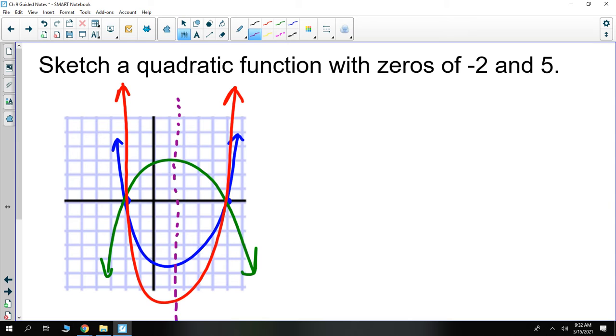So the number right in between here, if I go 1, 2, 3.5 this way, 1, 2, 3.5, x equals 1.5 is the axis of symmetry that goes right down the middle. So you can see I didn't sketch this very well because the U should be at the bottom right there. Same thing with that blue. So if you want to make sure your graphs are nice and pretty, you could do that.